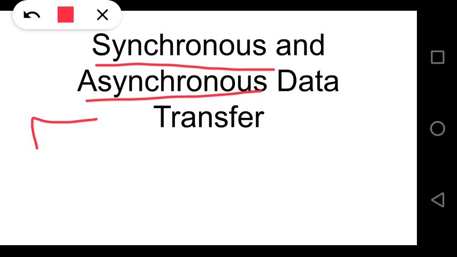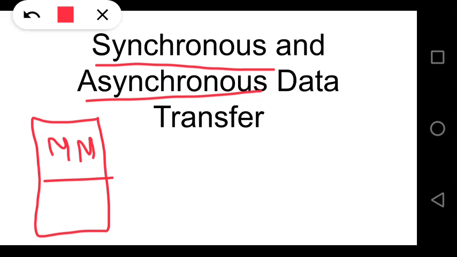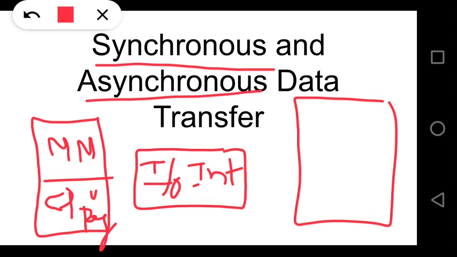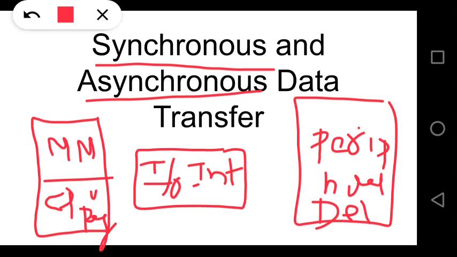So let me draw the picture. Once again, this is my main memory. These are the CPU registers. This is an I/O interface. And these are the peripheral devices.